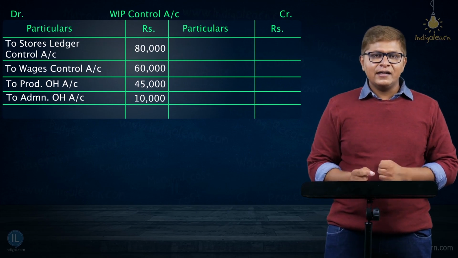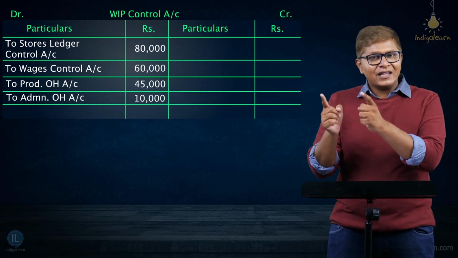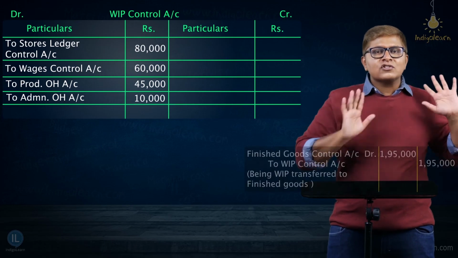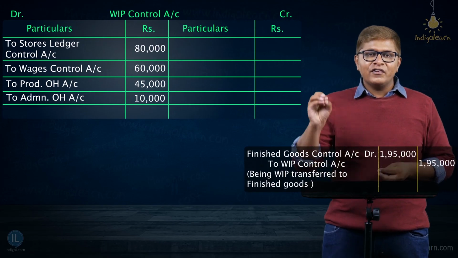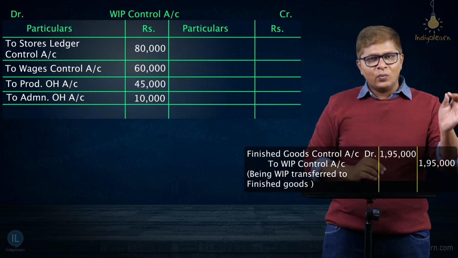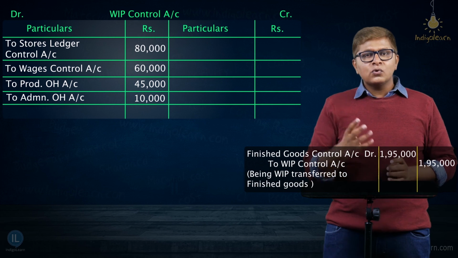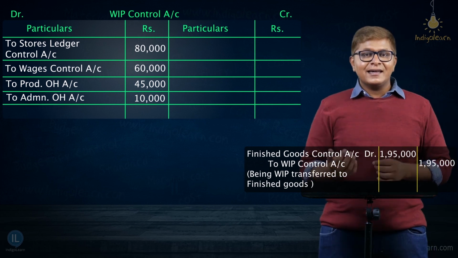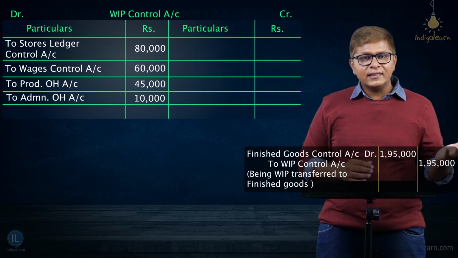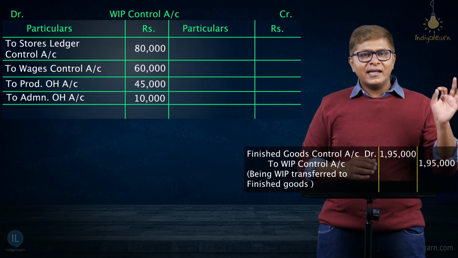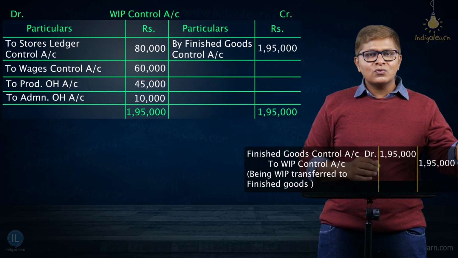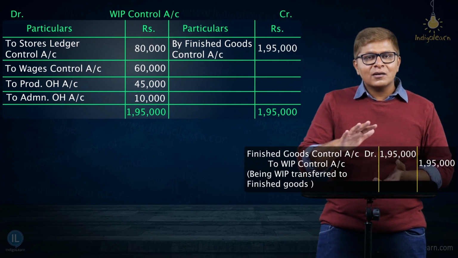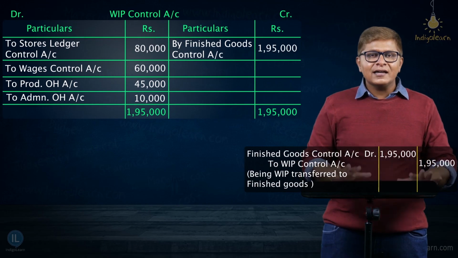Let's pass an entry for transfer of 1,95,000 worth of goods from WIP control to the finished goods control account. So the entry will be finished goods control account debit 1,95,000 to work in progress control account 1,95,000. In the WIP control account, on the credit side, we will have an entry by finished goods control account 1,95,000, and with this your WIP control account is going to get closed.